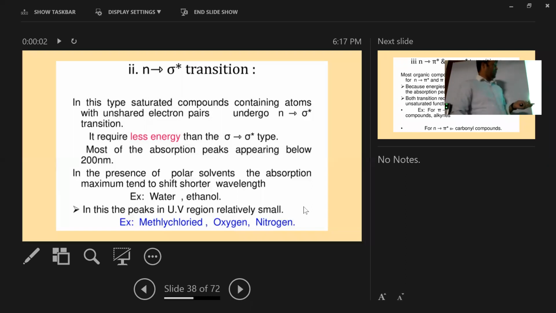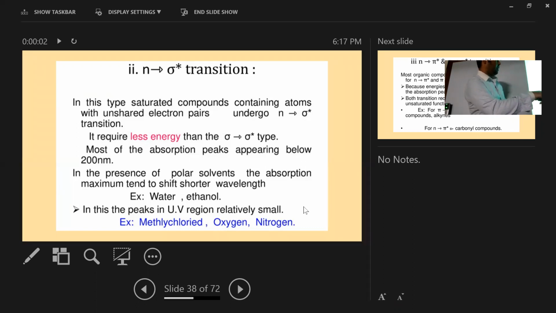Now, if you are performing the UV analysis using water, water is a polar solvent. In that case, the absorption can shift to shorter wavelengths. That means it will absorb a little bit higher energy.